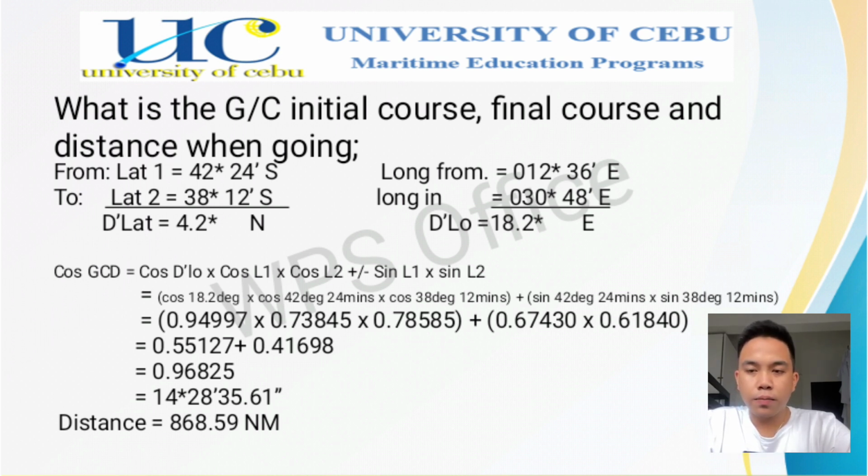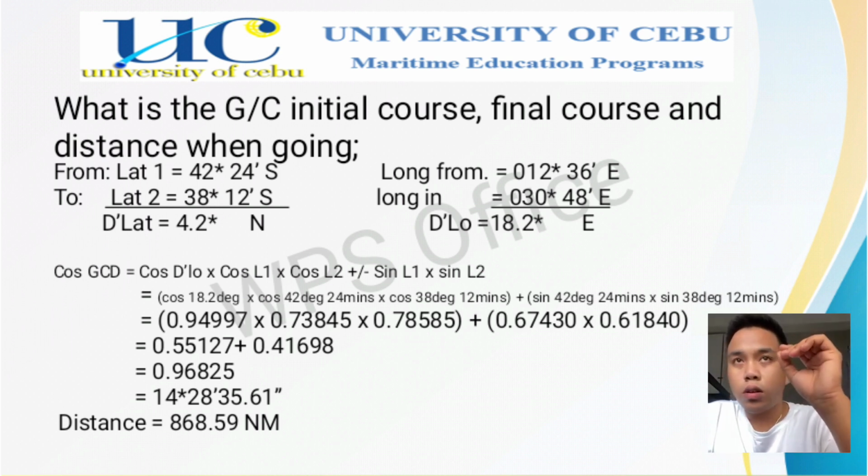The answer is 4.12. As we plot it, the vessel will go from south to north, so we'll put the label on the D-lat, which is 4.12 north.